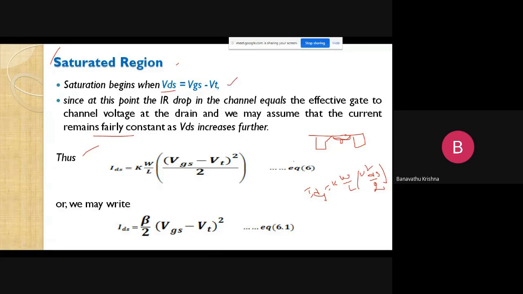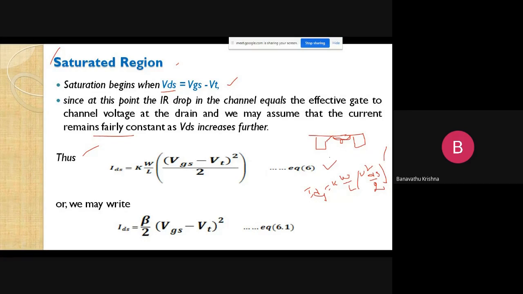Then this is the equation: IDS equals K into W by L, VGS minus VT whole square by 2. This is equation number 6, in saturation mode.